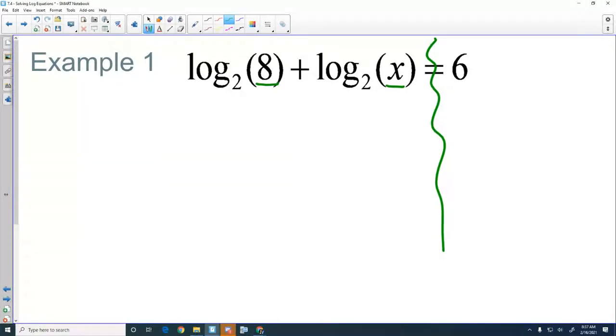Good. So we're going to write this as log base 2 of 8x equals 6. All right, that's your first step. Just combine the logs. If they're being added, you multiply those answer portions. If the log is negative, you would divide those. Nice and easy.